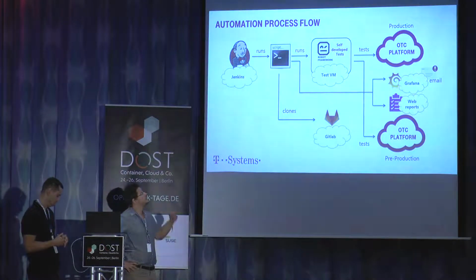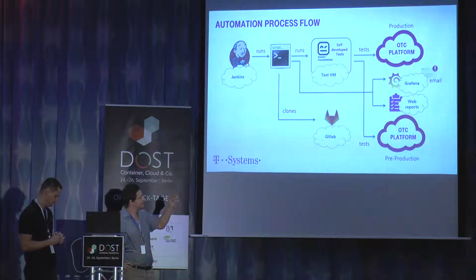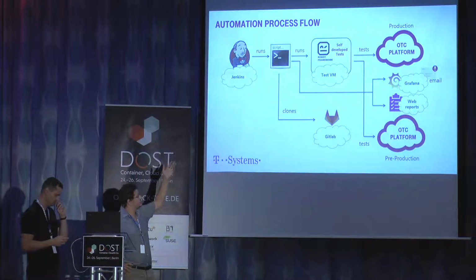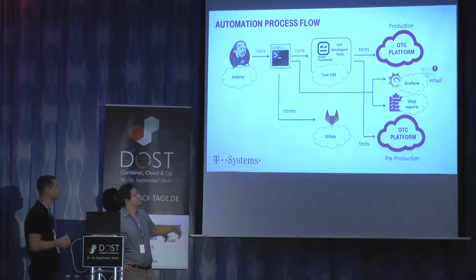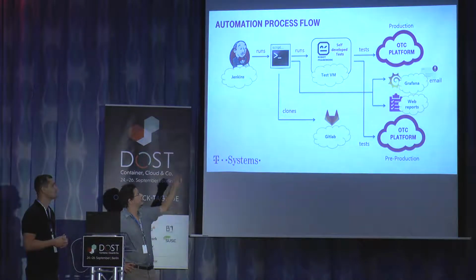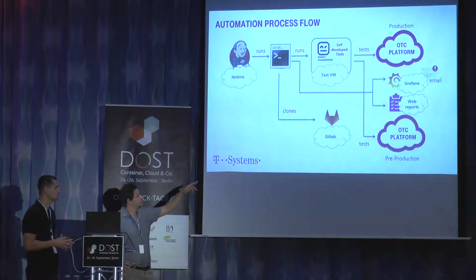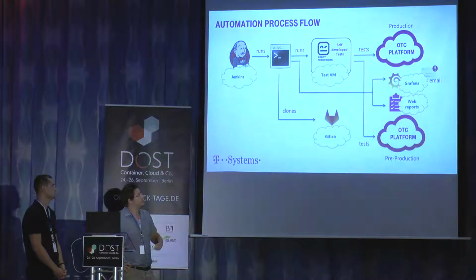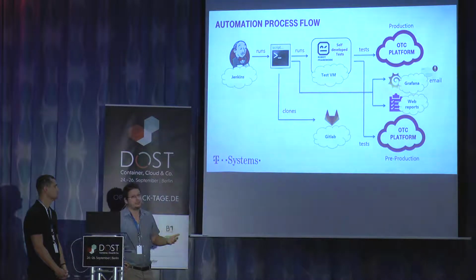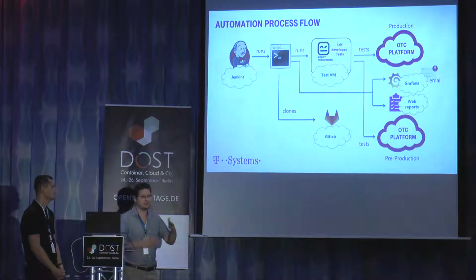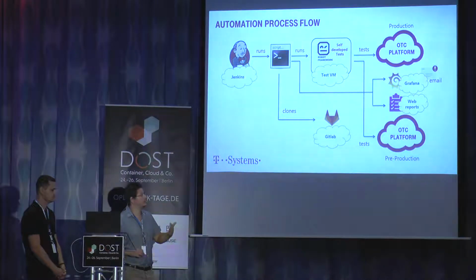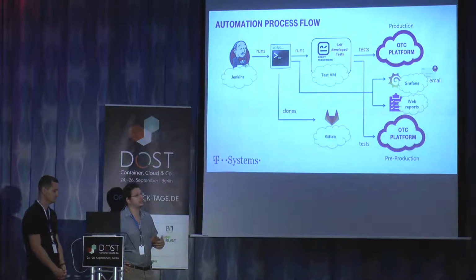Then, with the latest scenarios and also with environment variables and tags which are stored in Jenkins, it pushes this information to the Robot Framework test VM where the code is executed, and then the results are stored on the web reports and on Grafana, where we set, for example, alerts for specific issues or failures which we want to be notified about immediately.